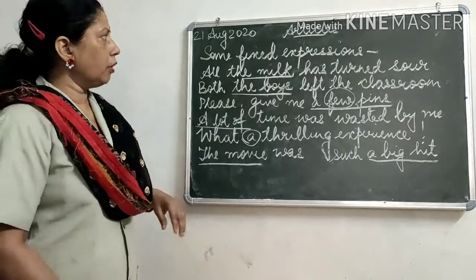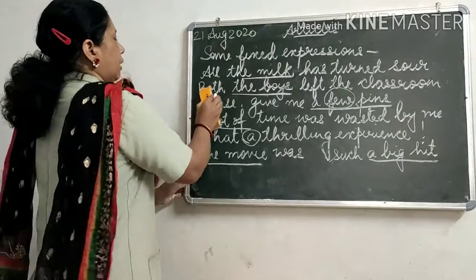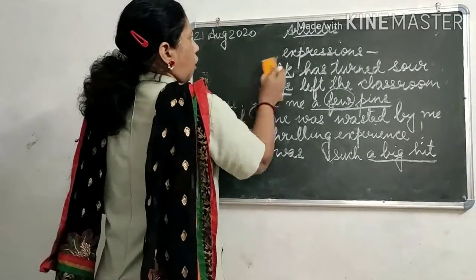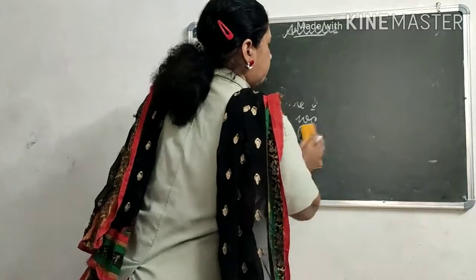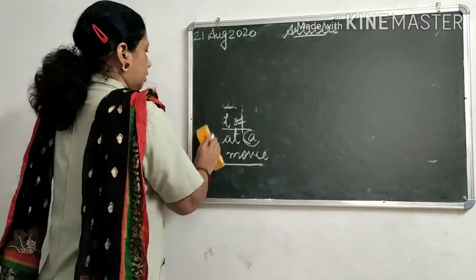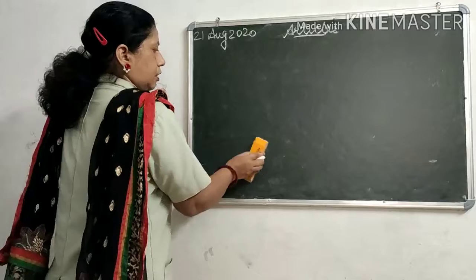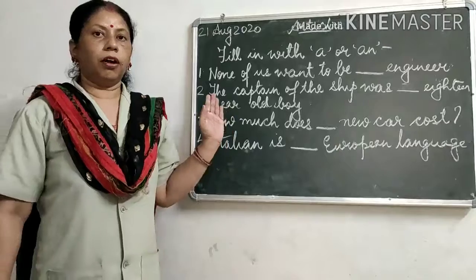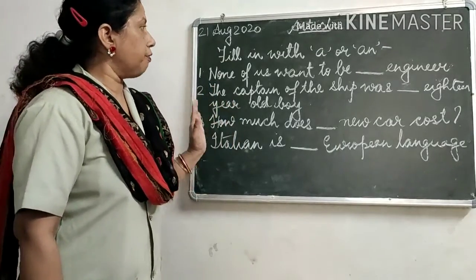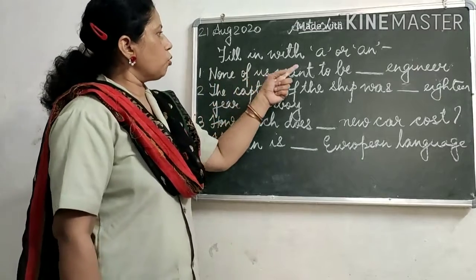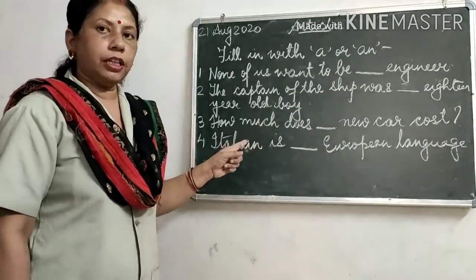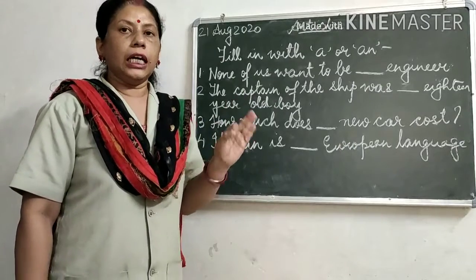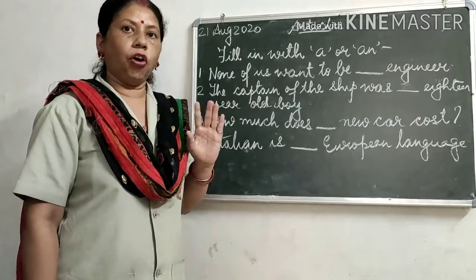Okay. Now let us have a practice of the use of some articles, how we will be placing these articles in these sentences. Right. Now here with these articles we'll fill in. None of us want to be dash engineer. So we are going to fill this only with the indefinite article a or an.